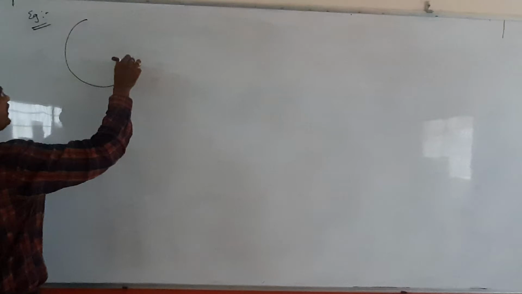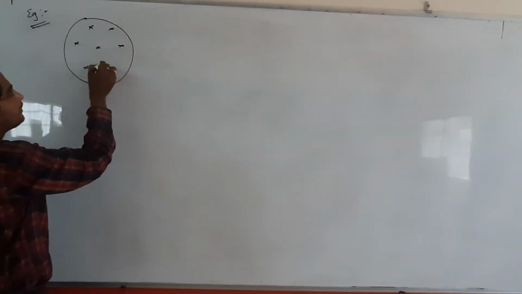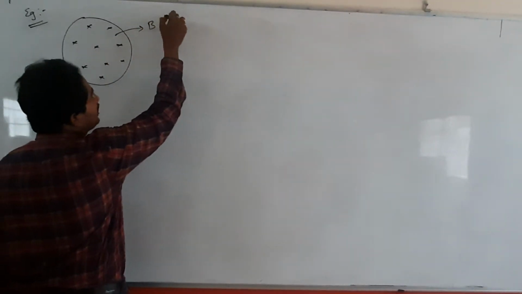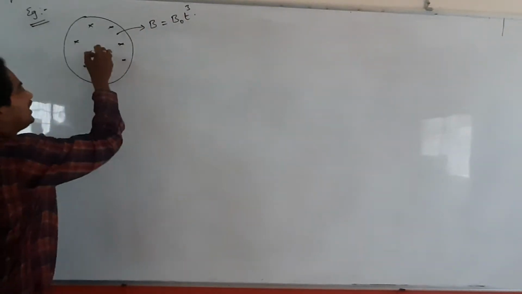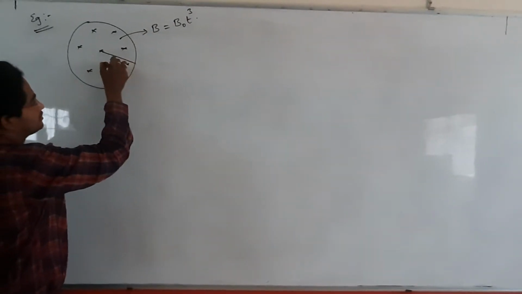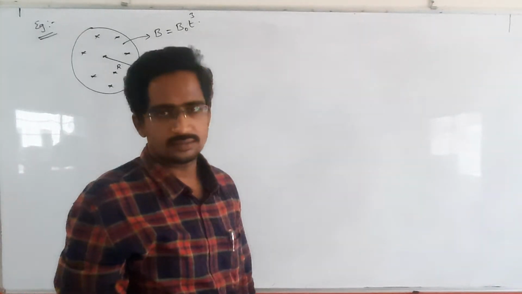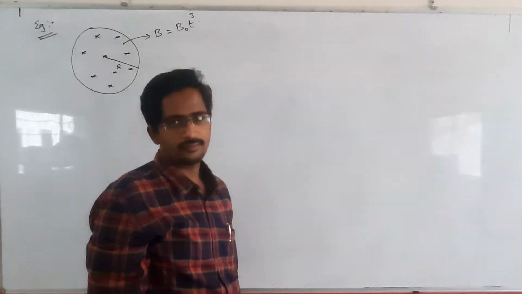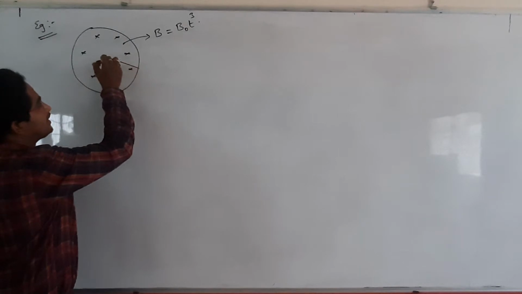There is a varying magnetic field, B equal to B naught t cubed, and its radius is R. What is the electric field intensity at a distance of R by 2 from the center?